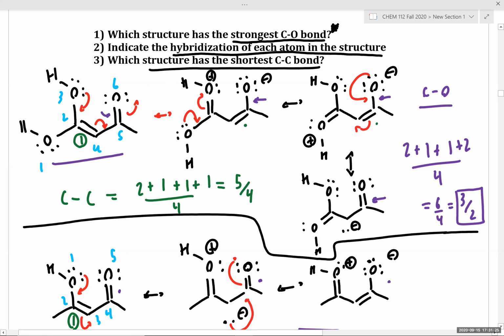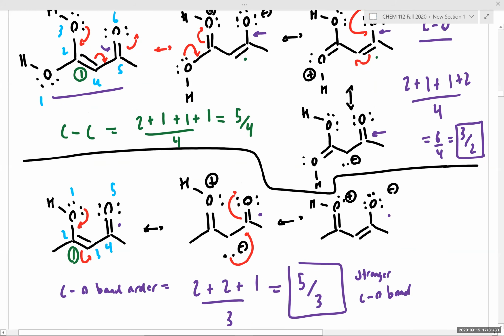So this counting method is not designed to give you exact bond orders. It's designed to help you approximate the bond order and compare the relative strength and length of bonds in two different structures. So the exact bond order is probably a little bit greater than 5/4.